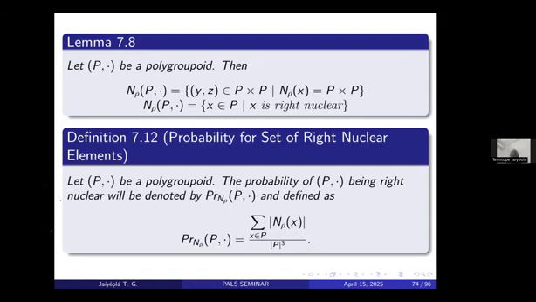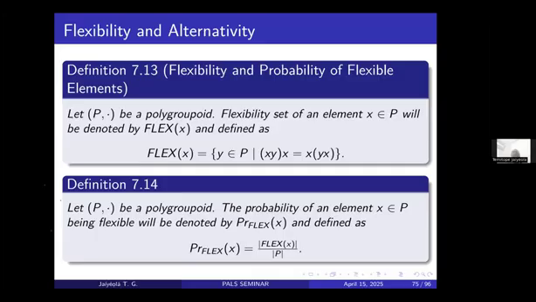Thereafter, we also introduce three other non-associative, or weak associative, properties. Adopting flexibility, we're able to define what we call a flexible element, and its definition is as given in definition 7.13, and the probability of an element being flexible as shown in definition 7.14.